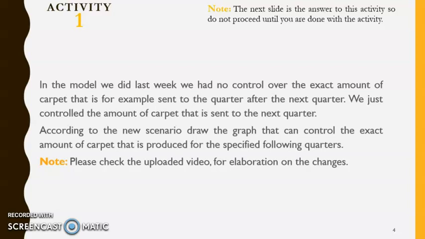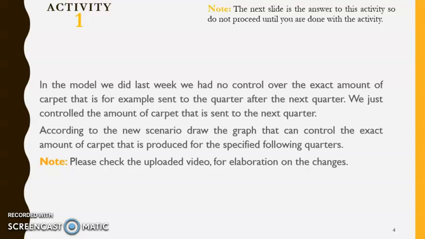And another point that I want to mention: since it is a classwork, please be patient with the activities, pause your video and put a good amount of time on it until you come up with a graph. In fact, you are drawing the model that can show the exact amount of carpet that goes to the following quarters.